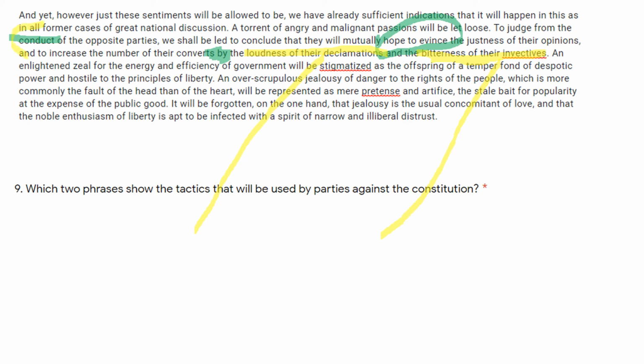Their conduct means their actions, by how you do it. I will pass my exam by studying hard. My action is to pass my exam. How I do that is shown by the words by studying hard. Here they will try to persuade people by being very loud and bitter, using very emotive language to show why the other side is wrong.